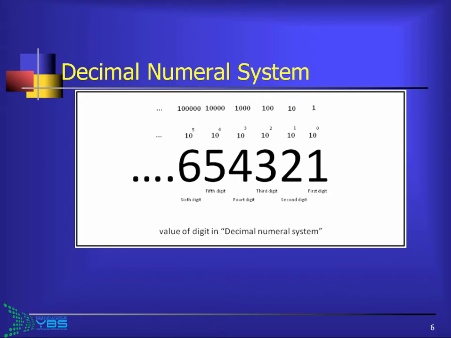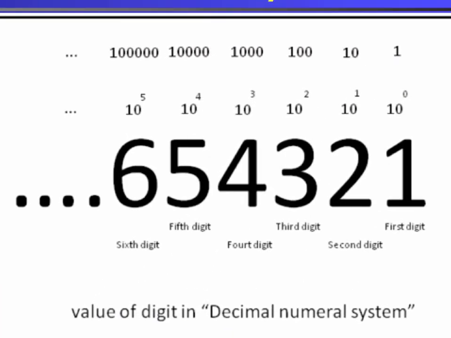Now, you see on the screen, in the decimal number system the value of a digit is multiplied according to its placement in the numerical sequence, which we call base number powers 0, 1, 2, 3.